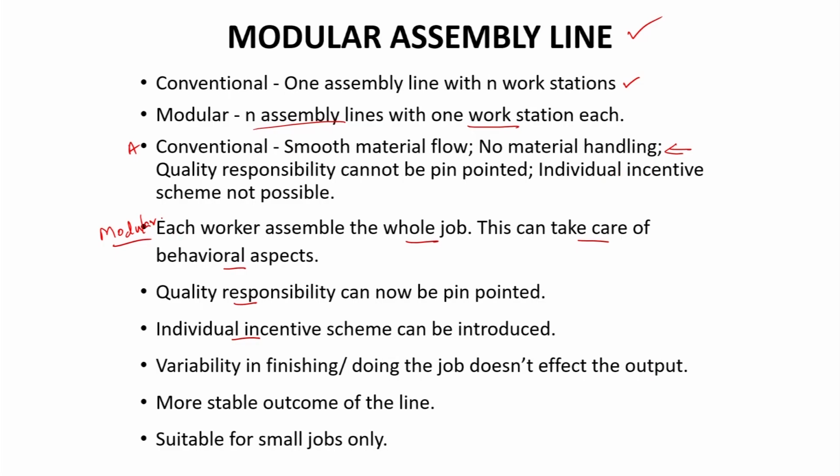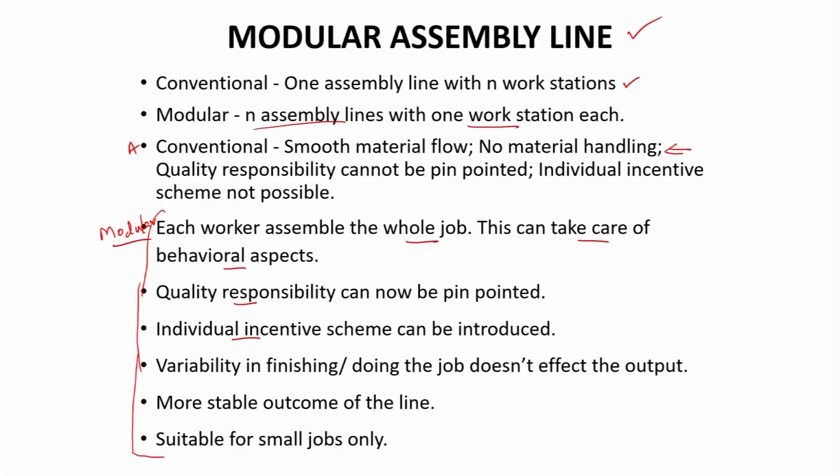But once we go for the modular, variability in finishing time of doing the job does not affect the output, and we can get a more stable outcome from the line, but the only limitation is that it is suitable for small jobs only. I cannot manufacture a car using the modular assembly concept. I can assemble small products or components with the help of modular assembly concepts.